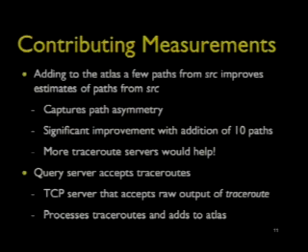The reason for this is that there is path asymmetry out there in the internet, and the outgoing paths from the source are not necessarily reflected by the paths we measure into it from our vantage points. In fact, in our experiments with public traceroute servers, we have seen that by just adding 10 paths from each server, we can get significant improvement in the accuracy of our estimates. So it will really help if you guys can host more traceroute servers out there.